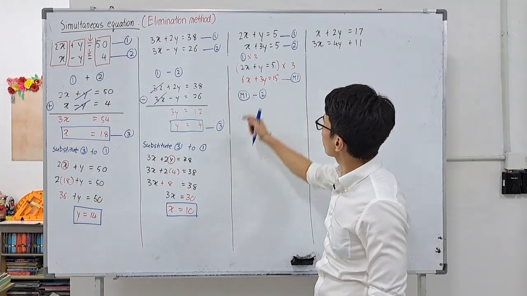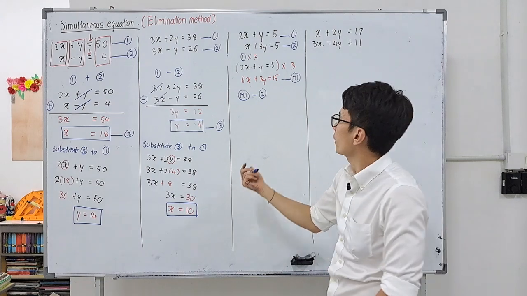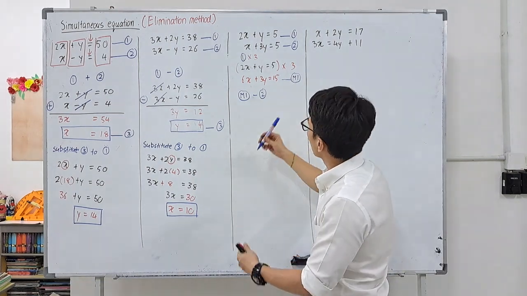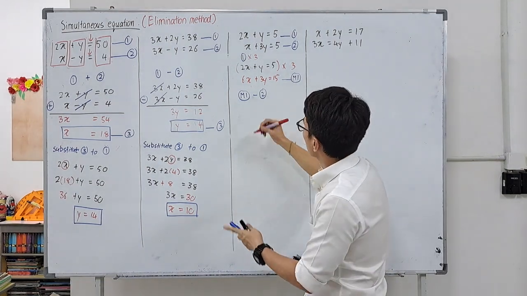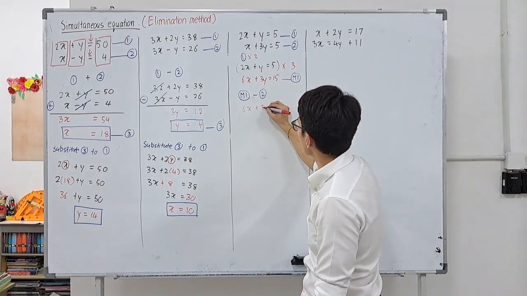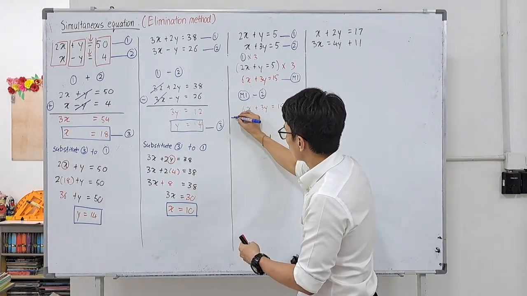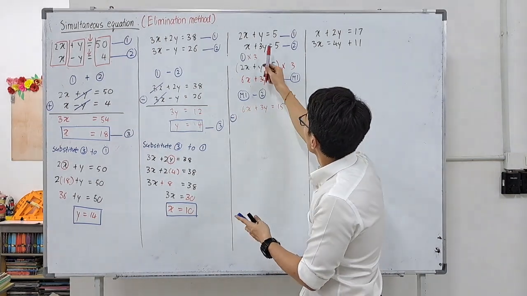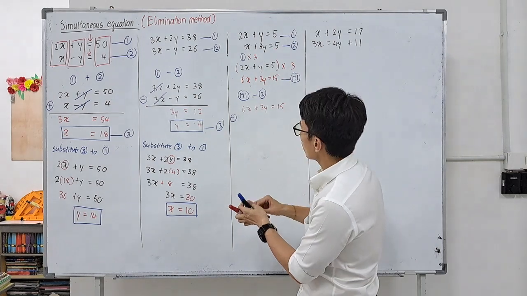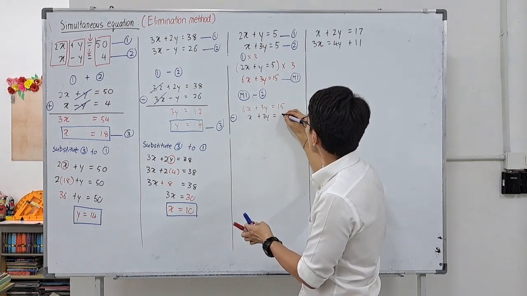Why do I subtract? Because my 3y's are positive. To eliminate them, I have to subtract, right? So let me write that back down my equation over here. So M1 equation is 6x plus 3y equals to 15. And I would like to subtract with equation number 2, which is x plus 3y equals to 5.